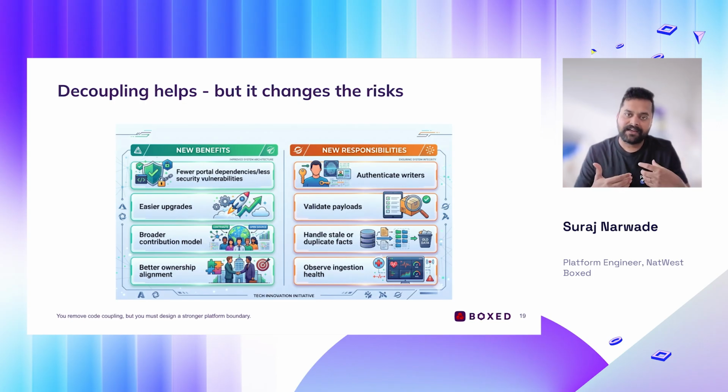We need to have some validation in place, whether the component exists or not, some sort of authorization. We need to think about what happens when the data goes stale, and how you observe the health of this ingestion path. That is a better problem to have in my personal opinion, and it's a real engineering problem, rather than going through the dependency vulnerability loops. So, that's about it.